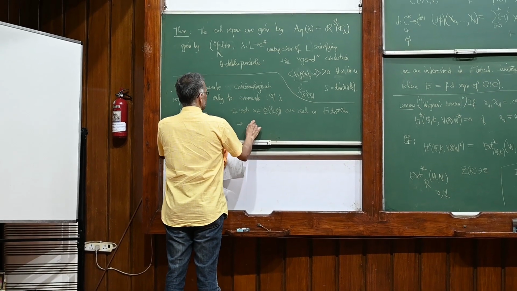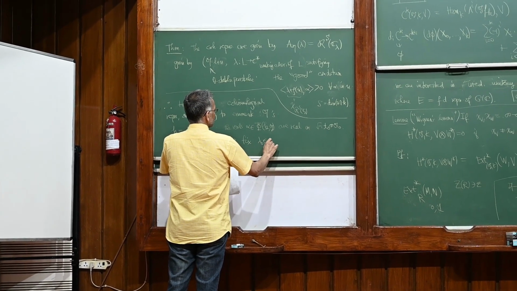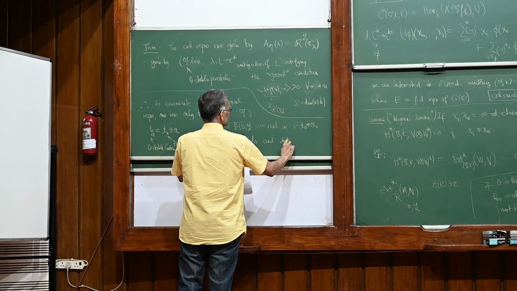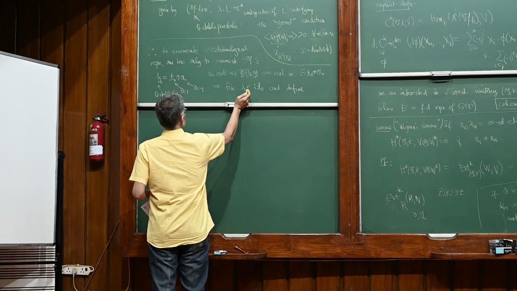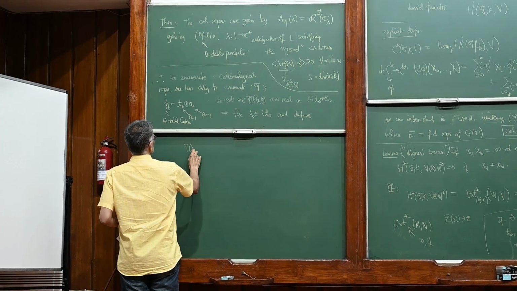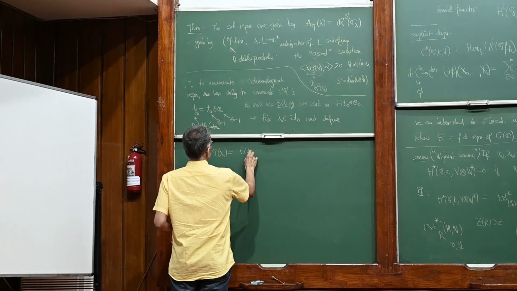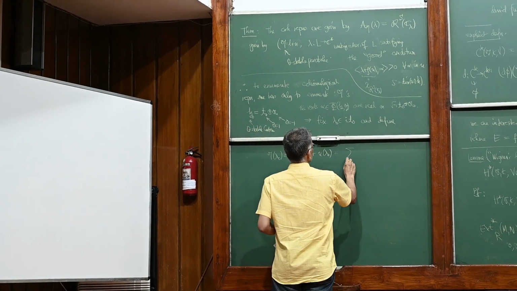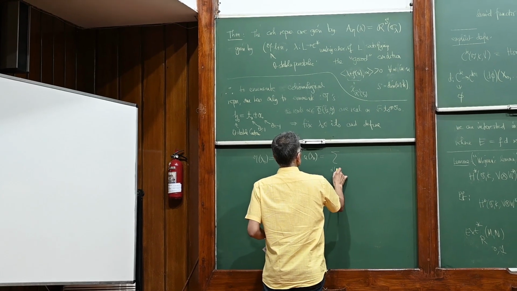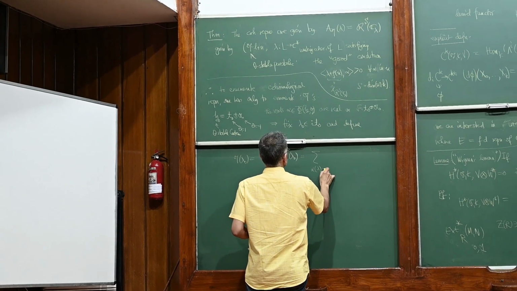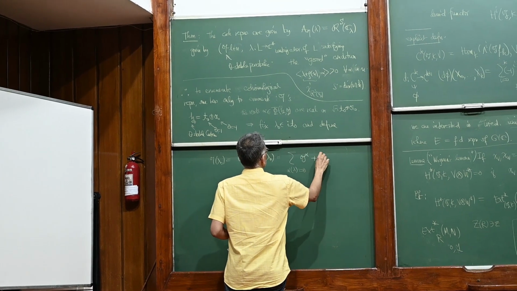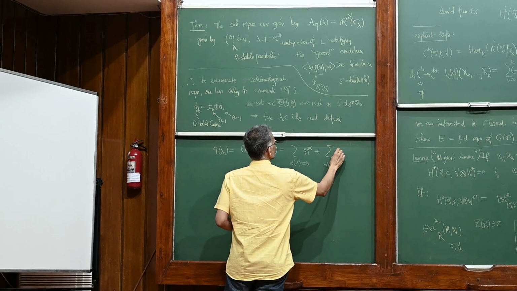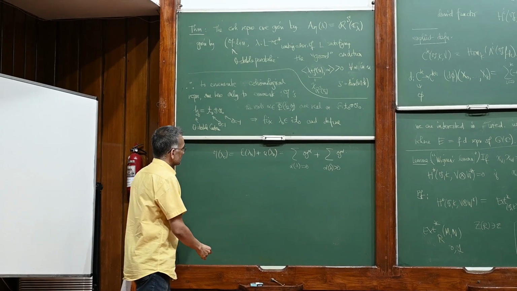So fix an element lambda_0 of i t_0 and define q(lambda_0), which is l(lambda_0) plus u(lambda_0), where l(lambda_0) is the sum of the root spaces on which lambda_0 is 0, and u(lambda_0) is the sum of the root spaces on which it is positive. Okay, so this is l and this is u.